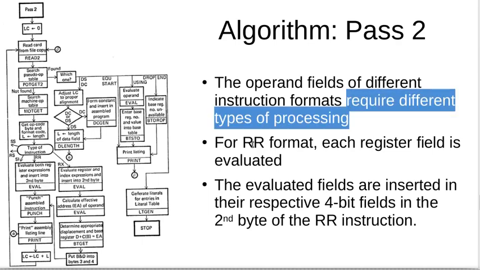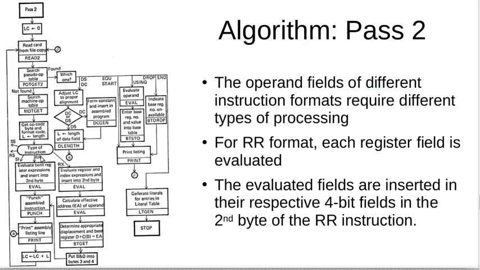For the RR format, for example, there are two register fields: an opcode followed by two register fields. In the case of the RR format, we evaluate both register expressions and insert them into the second byte. RR is a 2-byte format, right? So in the second byte we keep the evaluated register expressions.